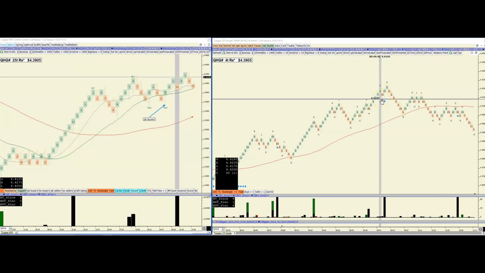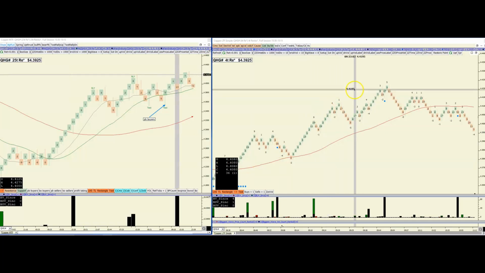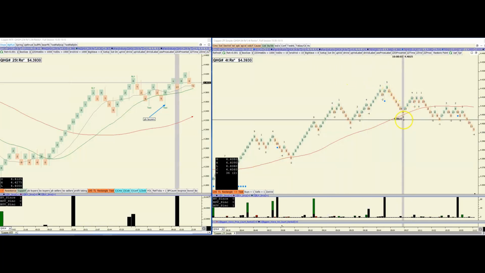Okay, so by itself, again, I don't know what it means by itself. I have no idea what it means. I need to see more data. And what's the data?